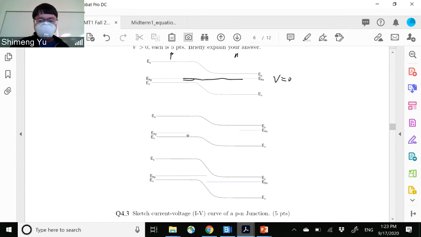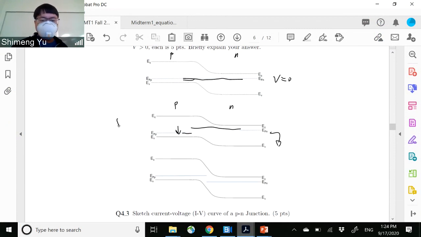And then the second one, we see that on the p side, the Fermi level is lower, because we said we are going to apply voltage to the p side. So the n side is ground.